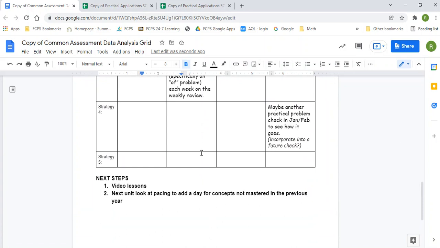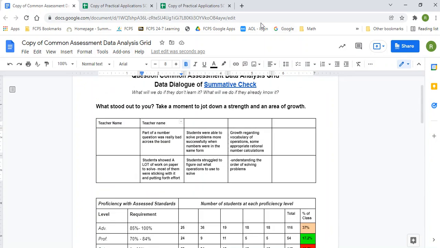And our next steps, we would list them out as a video lesson, and a general discussion that came up was maybe in our next unit, we add a day for concepts that were not mastered in the previous years. So that's one example of how a data dialogue was used.